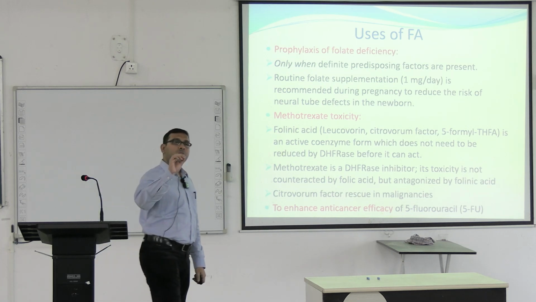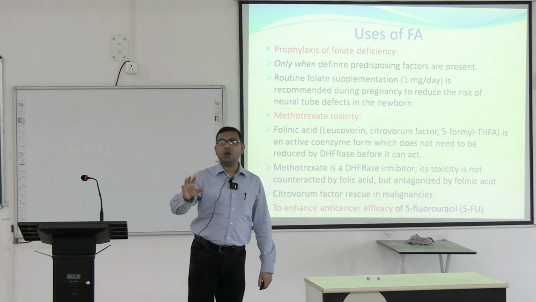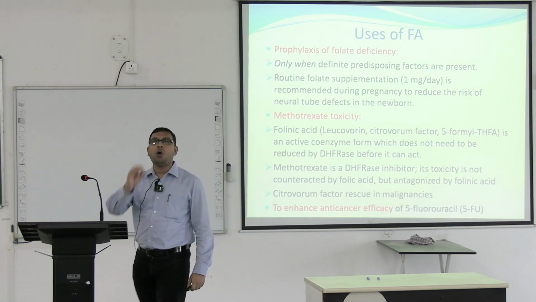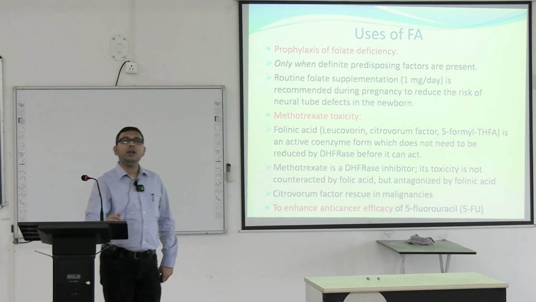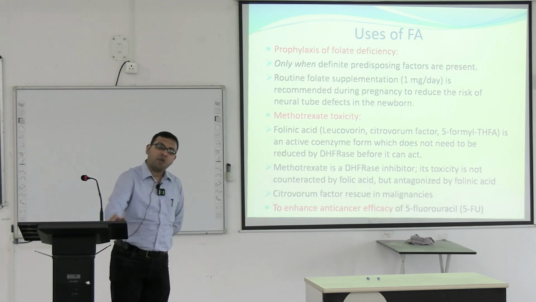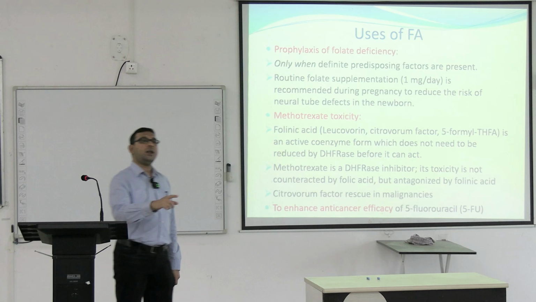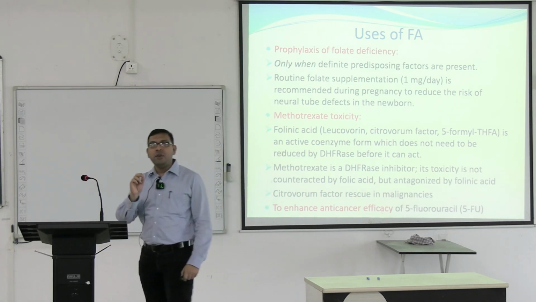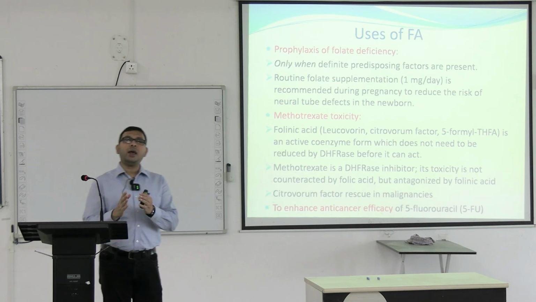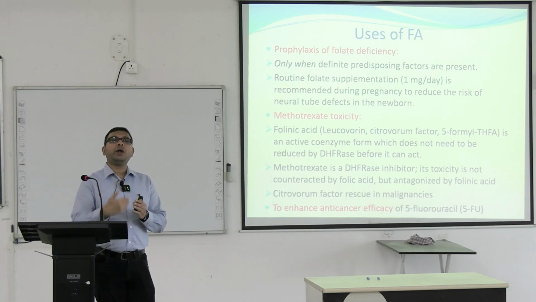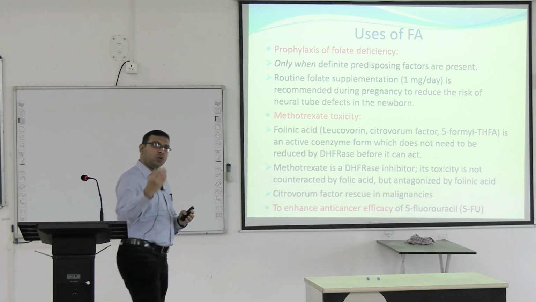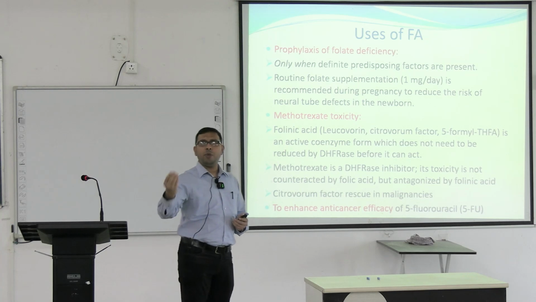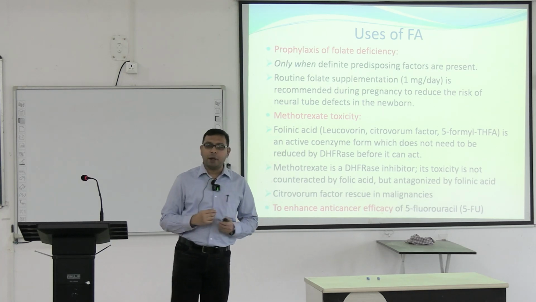Because if we are giving only folic acid to the patient who is already taking methotrexate, that folic acid needs to be converted to tetrahydrofolic acid for its action, and that requires the use of the dihydrofolate reductase enzyme. Now, methotrexate is already blocking the dihydrofolate reductase enzyme, not only in the cancerous cells or rheumatoid arthritis cells, but also in the normal cells.